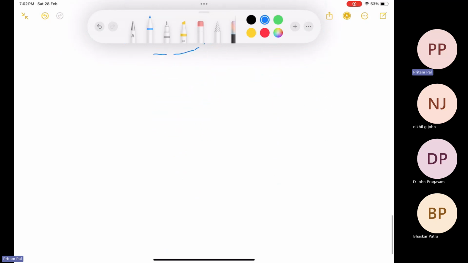Now I'll come to the current-voltage relationship of the PN junction.